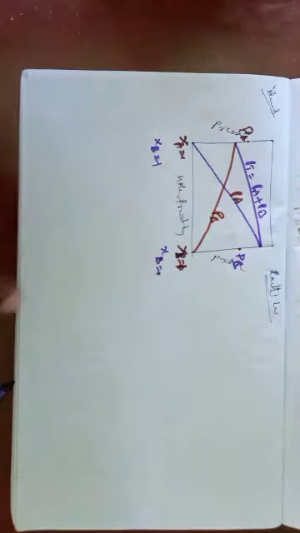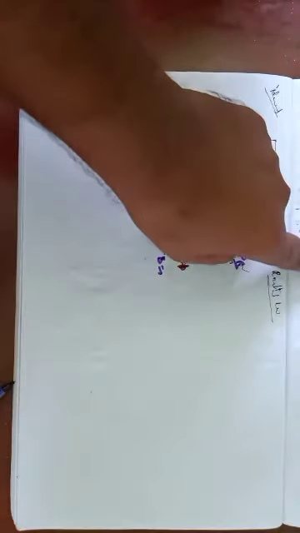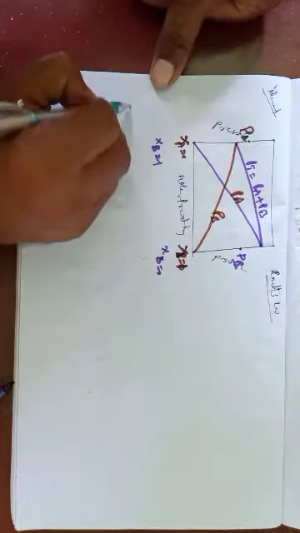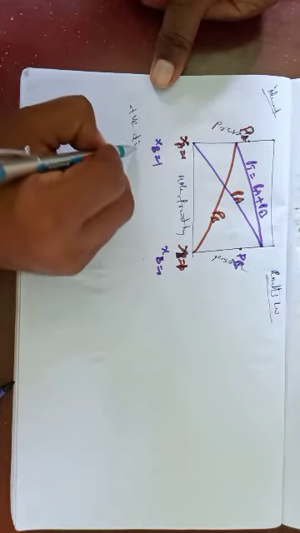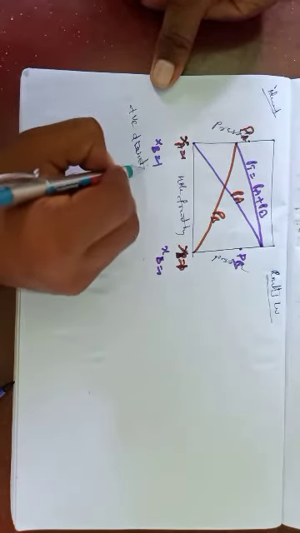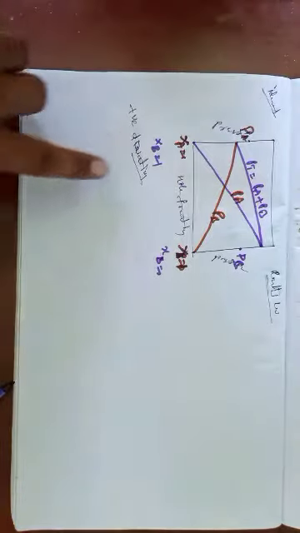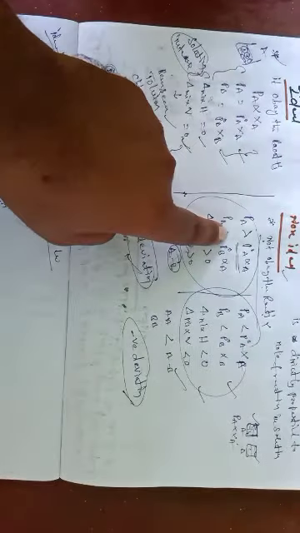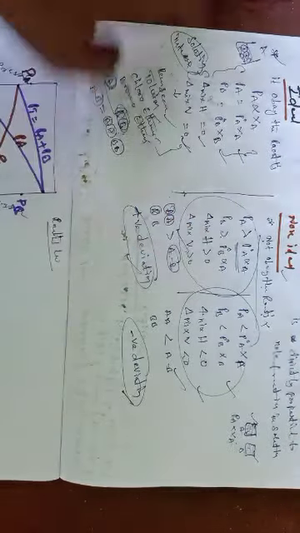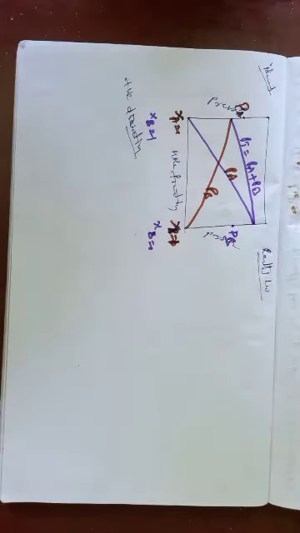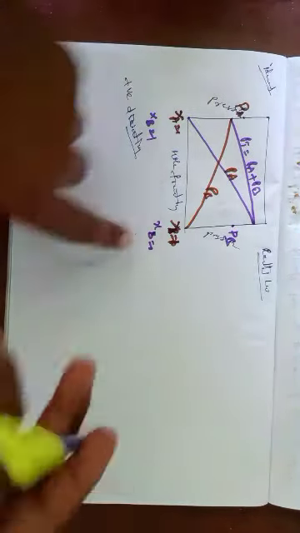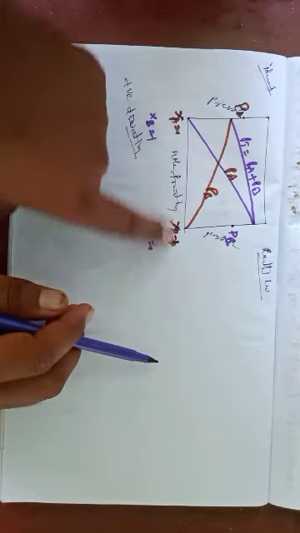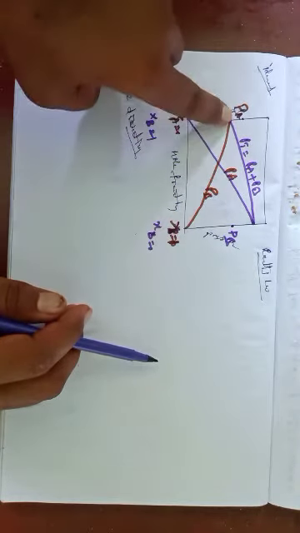In the non-ideal solution, we take positive deviation first. Positive deviation means greater than values. You have to remember this concept: positive deviation is greater than values, negative deviation is less than values. For positive deviation, xA equal to 0, xA equal to 1. This is the straight path.